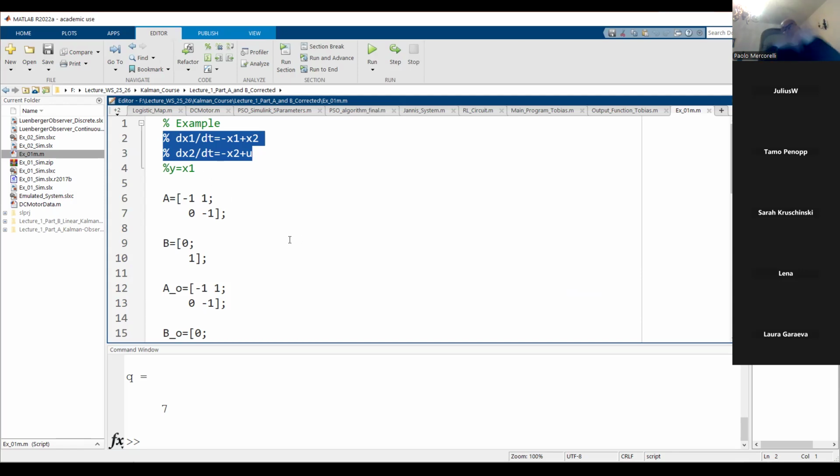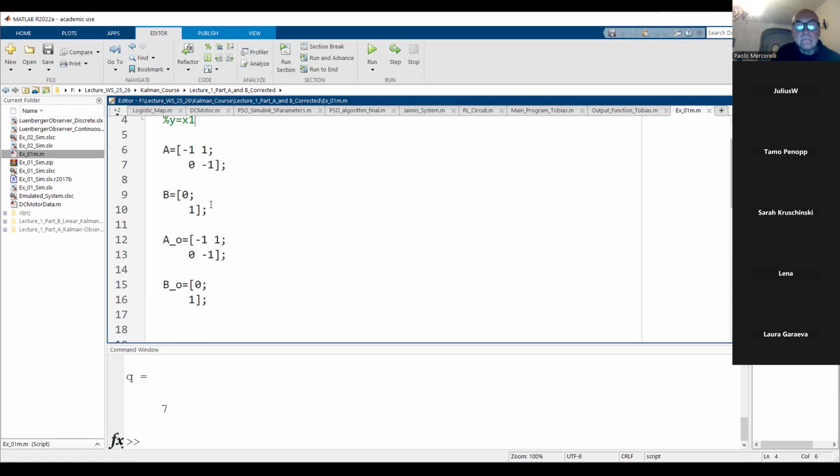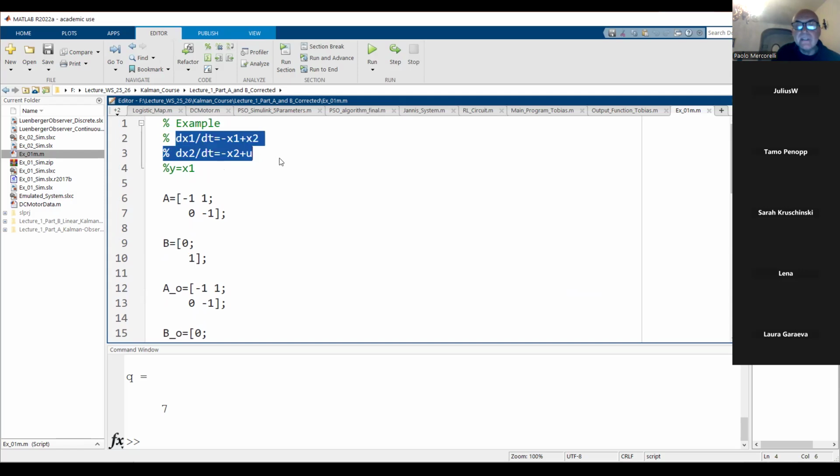in general, the observability concept. About the fully observable, we have different possible definitions, but now we can clarify practically what I told you also last time. Look, what I am doing now, I am considering again this example here in which I am measuring x1.